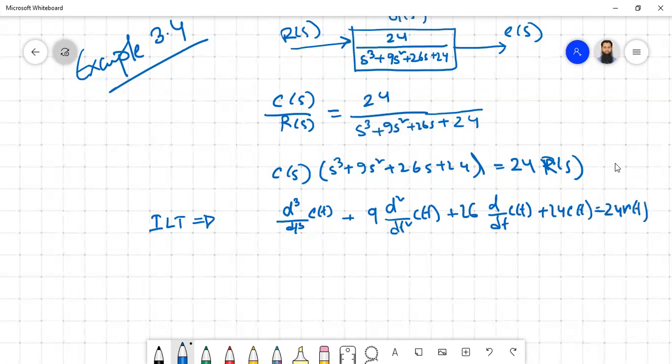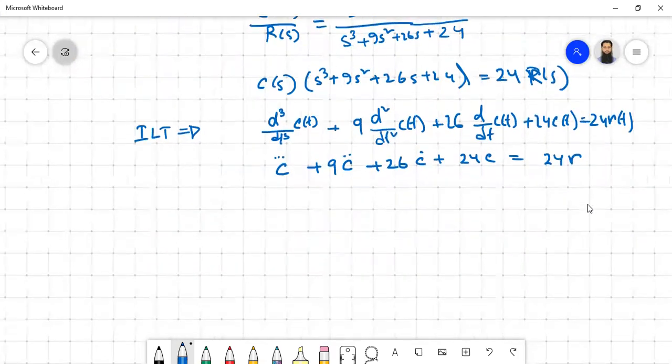Or according to the book, in dot notation: C triple dot, the third derivative, plus 9 C double dot, the second derivative, plus 26 C dot plus 24 C equal to 24 r. Okay, so this is your differential equation.